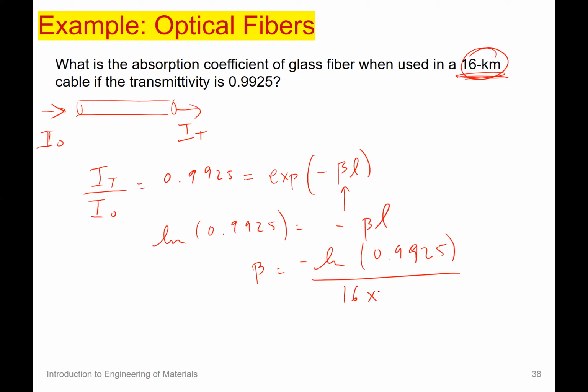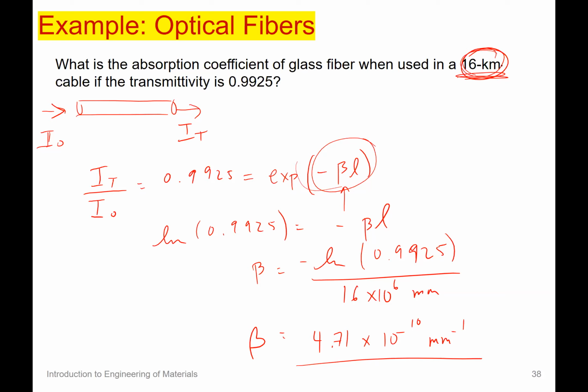I'm going to convert kilometers into millimeters, because I know it's going to be probably some really small number. And that's going to be 4.71 times 10 to the negative 10 inverse millimeters, right? Because the exponent needs to be unitless. So the units check out. So that's an extremely small number.